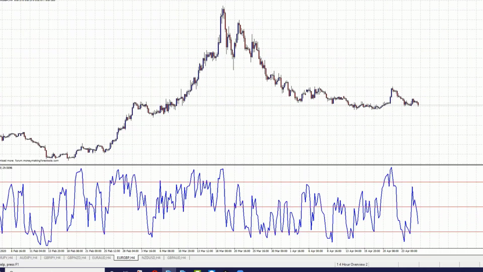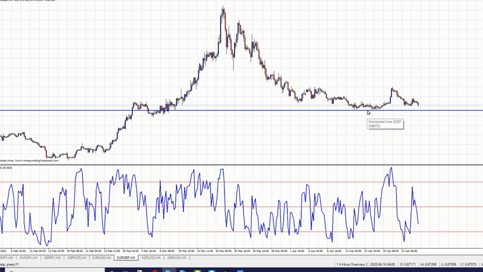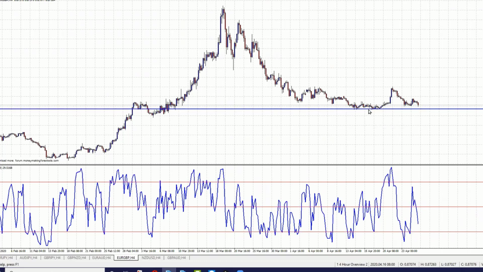Now, here again, we've got this trend line. Let's just refine it a little bit. That's most probably where it should be. Okay, so we've got that where it's acted as support and it's acted as resistance. Now it's acting as support.